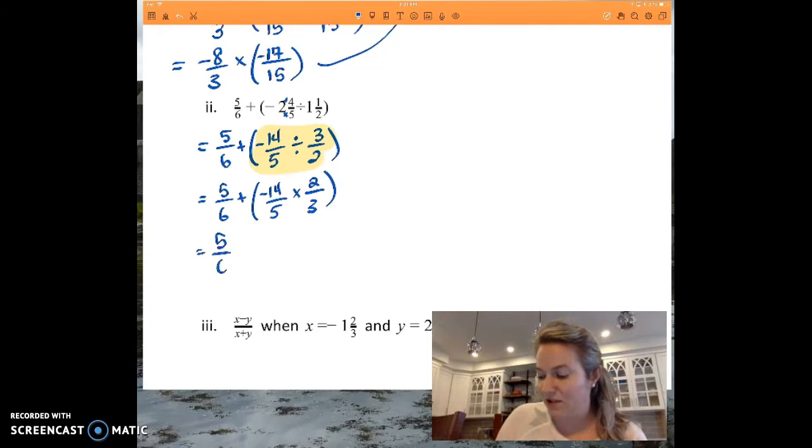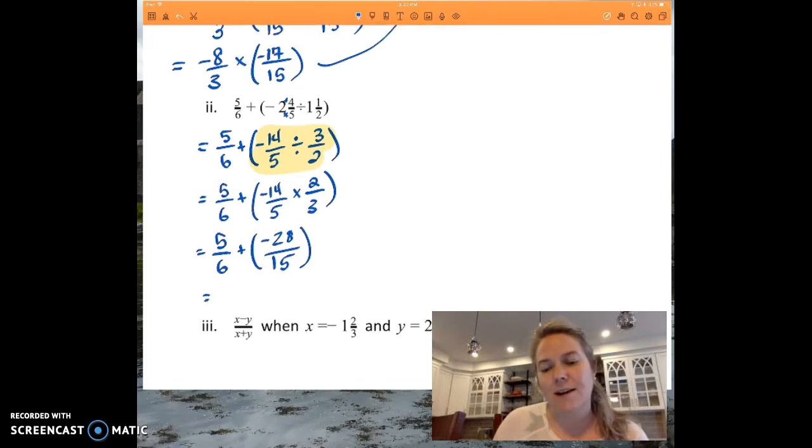I'm going to continue taking the 5/6 with me, plus 14 times 2, -28. 5 times 3 is 15. And for 6 and 15, I need to get a common denominator. They're going to work well, and 30 is the lowest common denominator there.